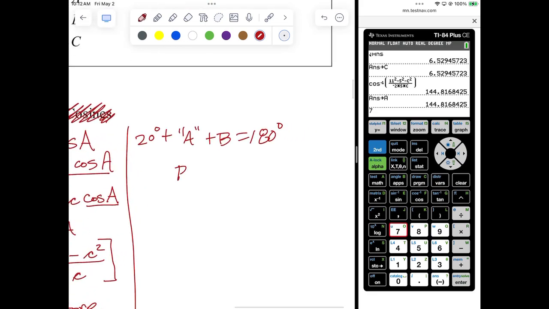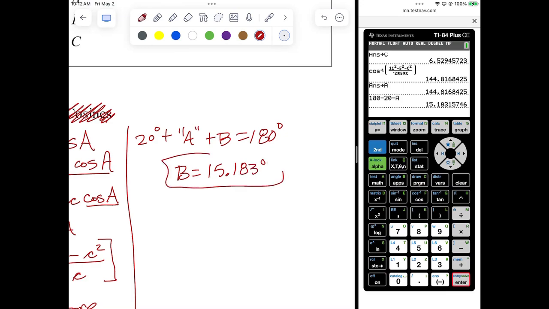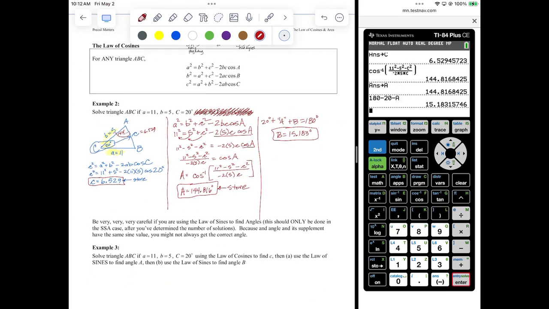So that means B must equal, now we go to the calculator, 180 minus 20 minus alpha A, enter, and you get 15.183 degrees. Did we solve the triangle? Yep, we did. We solved the triangle.